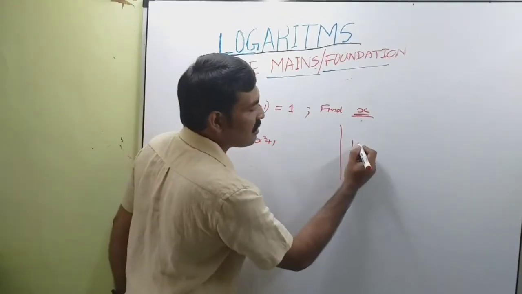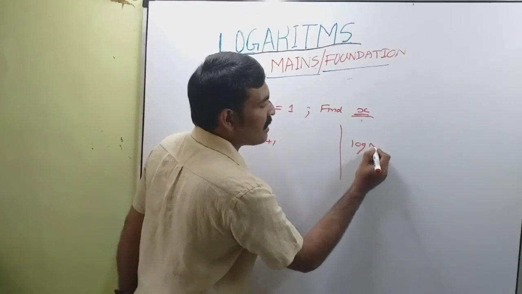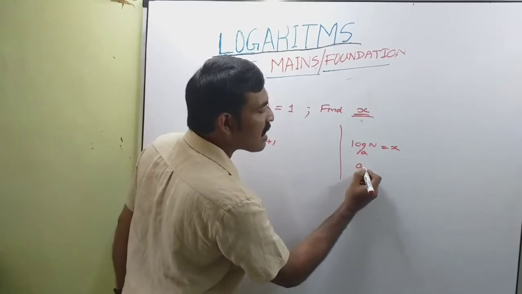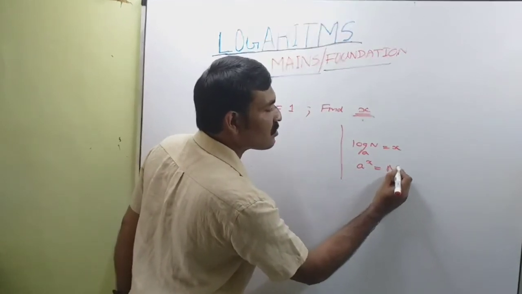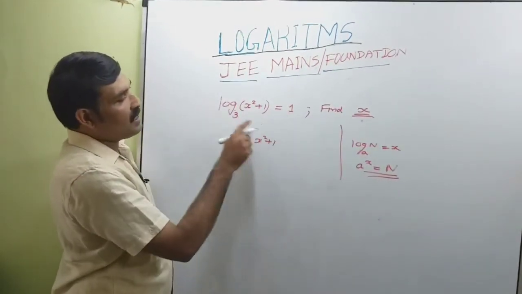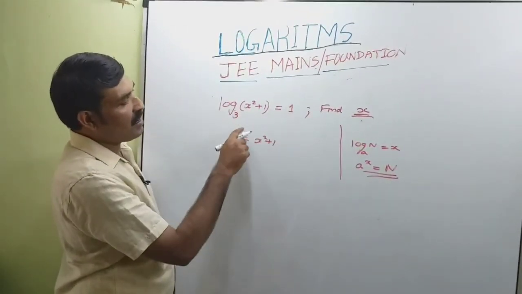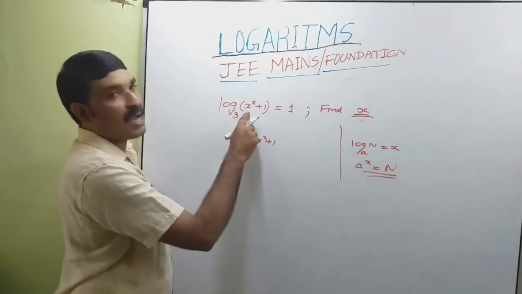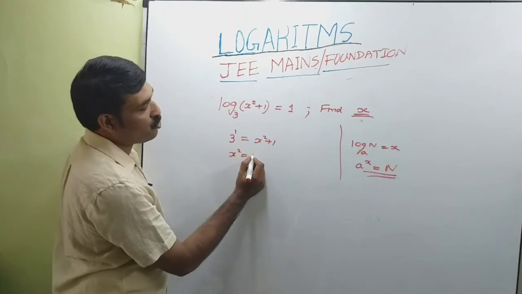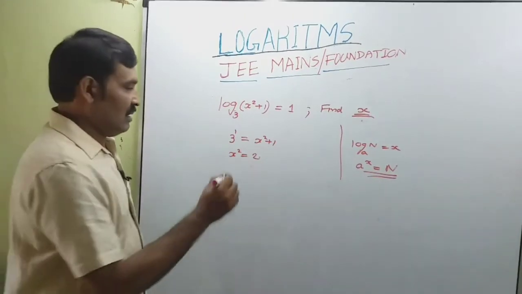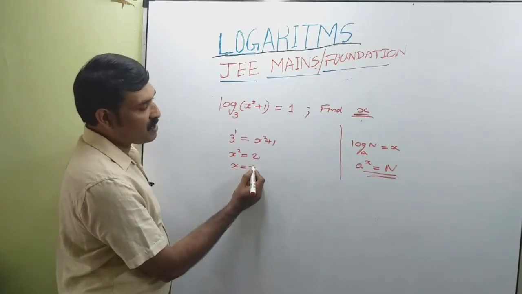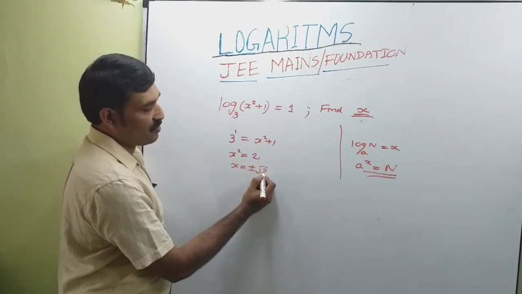Since we know that log n to the base a is equal to x, that means a raised to x is equal to n. Here x is given as 1 and base a is 3. 3 raised to 1 is equal to n. N is x square plus 1. That implies x square is equal to 2, or x is equal to plus or minus root 2.